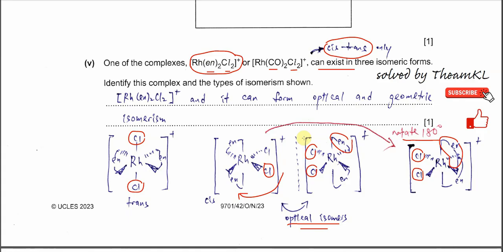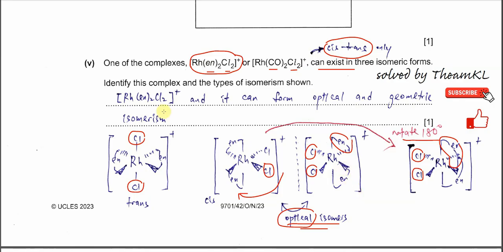When it's not the same thing, they are isomers, and because they are mirror images and not superimposable, we call them optical isomers. This is how you get the optical isomers from these octahedral complexes.